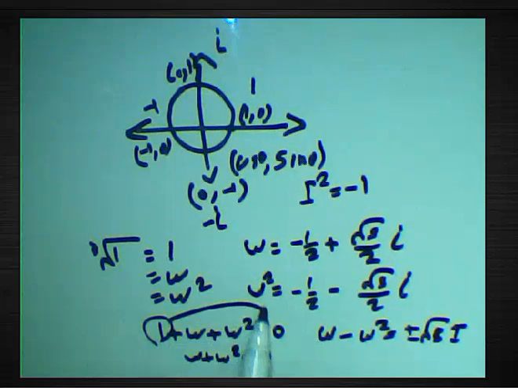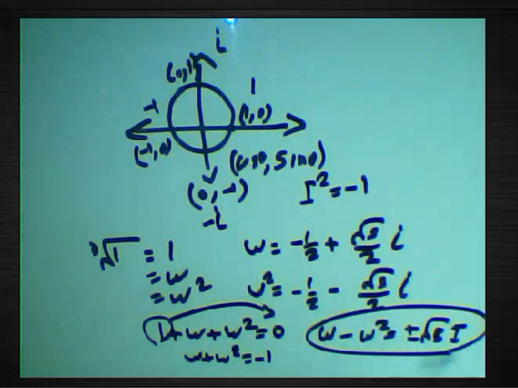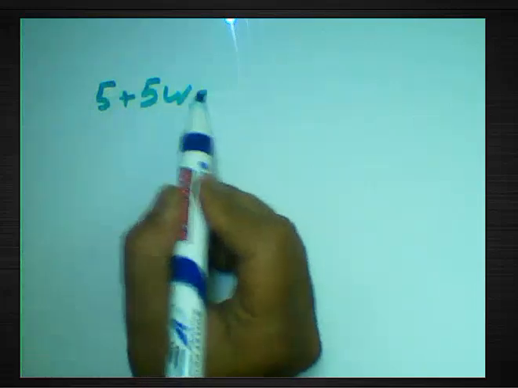You can move 1 to the right-hand side to cancel it and find the result. And you must know the difference between them. If we subtract omega and omega squared, or omega squared and omega, the result will be positive or negative root 3 multiplied by i. And what if the teacher uses the example 5 plus 5 omega?